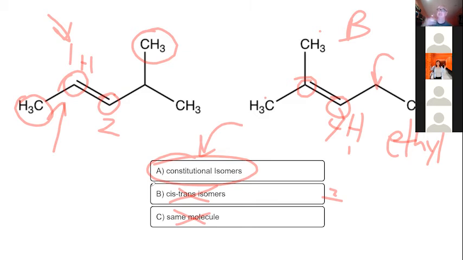That's the basic definition. So they're either above or below the plane in a ring or a double bond, or they have a chiral center with four different groups attached that you can't rearrange to look the same.